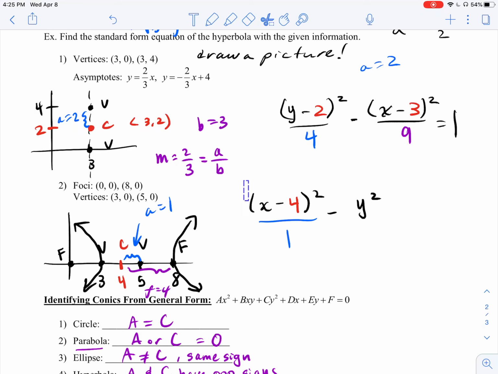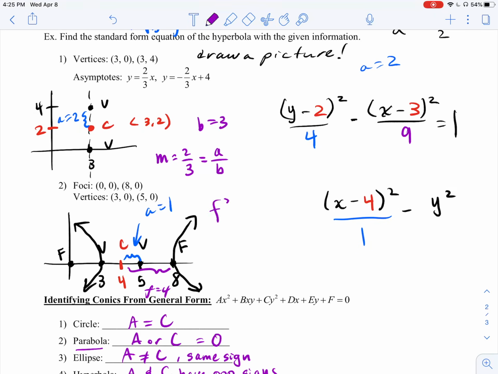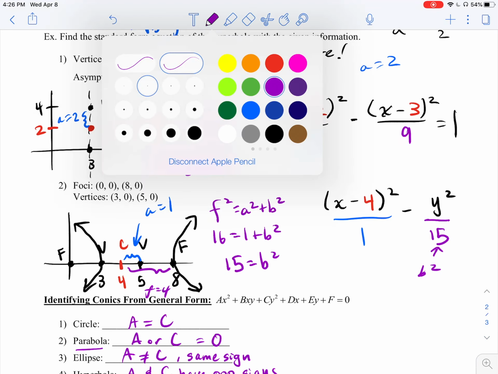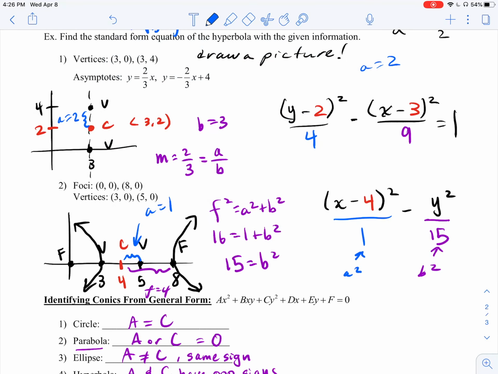Well, think about this. c squared is equal to a squared plus b squared. If I know c is equal to 4, so that's 16 is equal to 1 plus b squared, so b squared is going to be equal to 15. And that's all I need to write over there. There's my b squared. There's my a squared. I've got 1. And this here is my standard form equation.